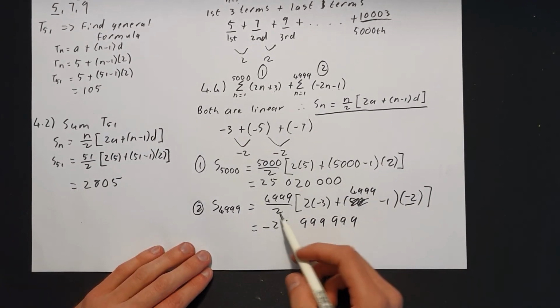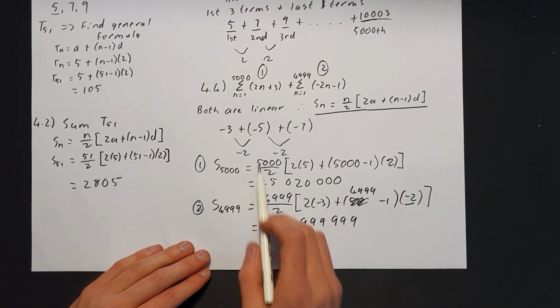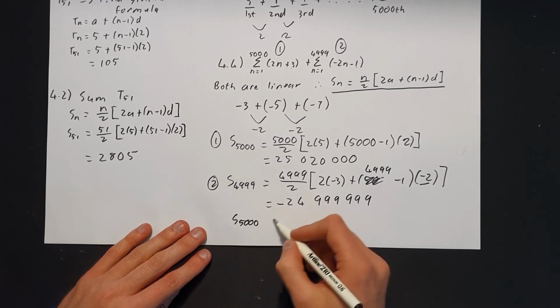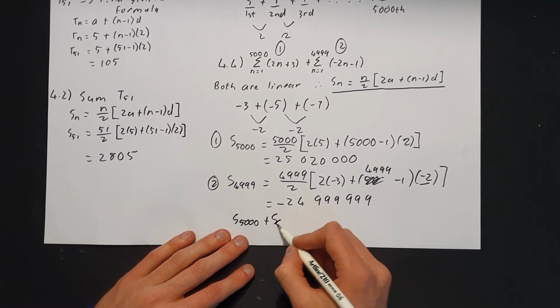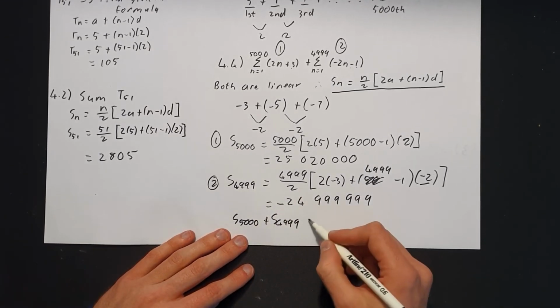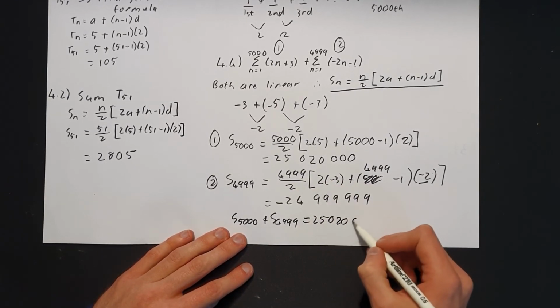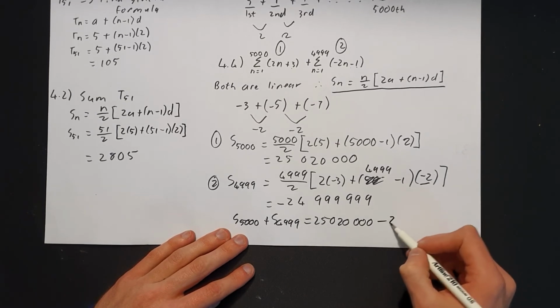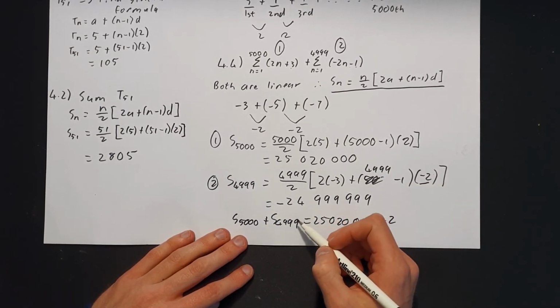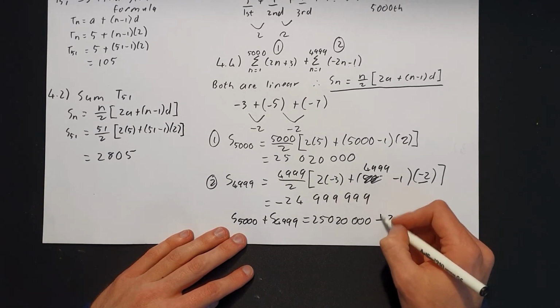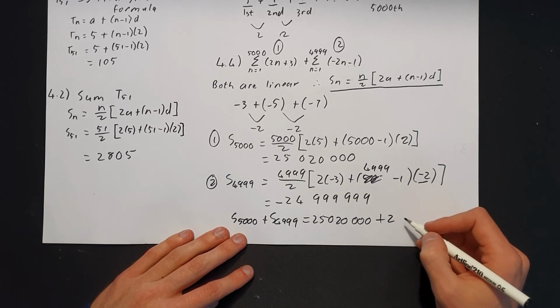So the final answer: what happens if I add these two together? We're looking for S of 5,000 plus S of 4999. That's going to equal those two values, the first one minus 24999999.